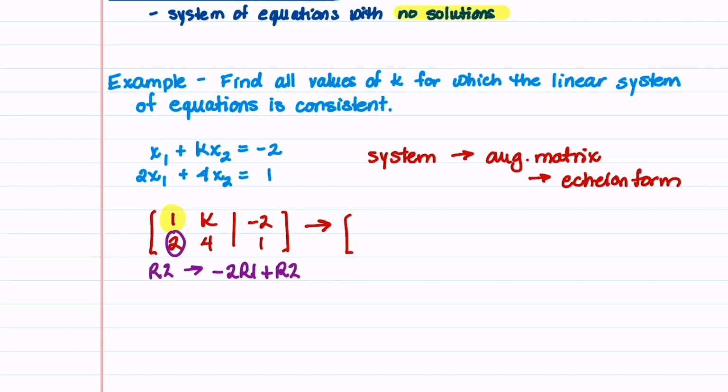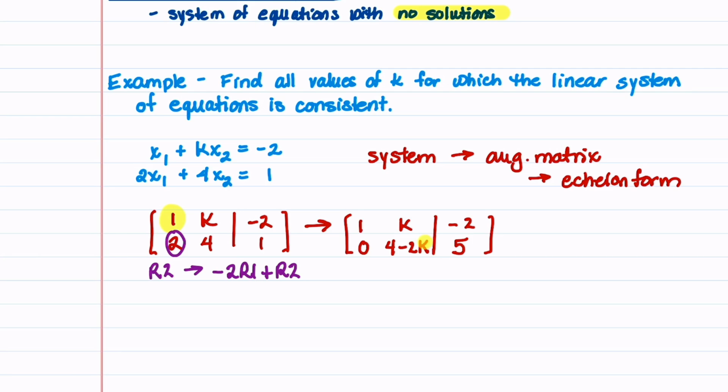So let's do that. We'll write down row 1 first, and then we'll change row 2. So minus 2 times 1 is minus 2, plus 2 gives us a 0. Minus 2 times k is minus 2k. So this is 4 minus 2k. And then minus 2 times minus 2 is 4, plus 1 is 5.